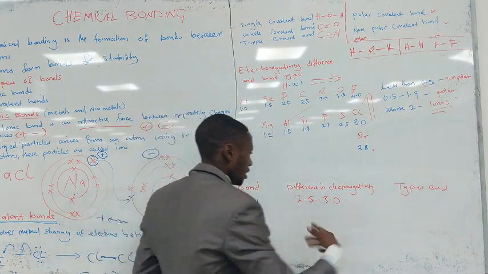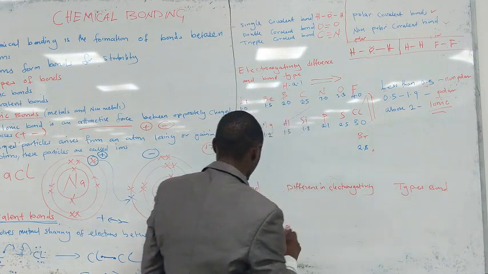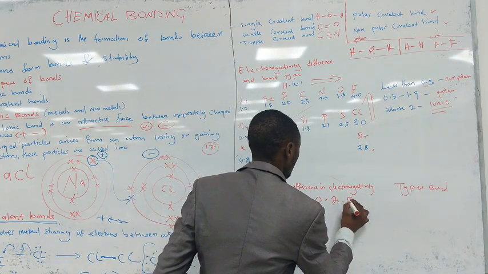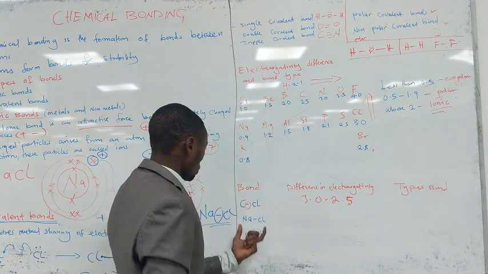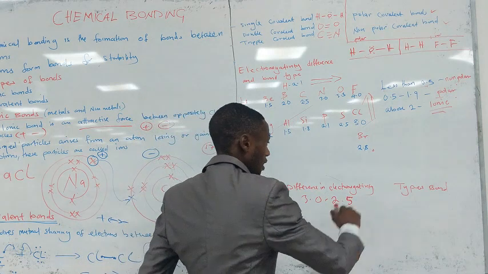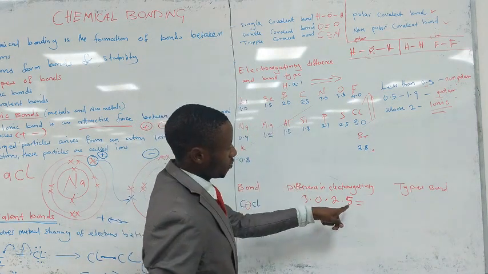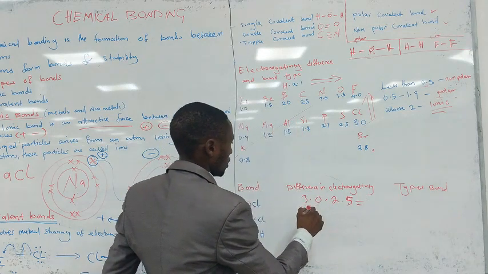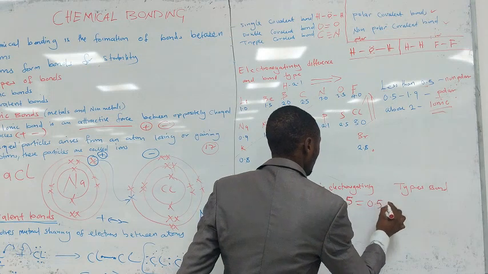Let me just write it correctly, starting with the big value. 3.0 minus 2.5. Let's find the answer here. 3.0 minus 2.5 gives you, let's do the calculation, 0.5.